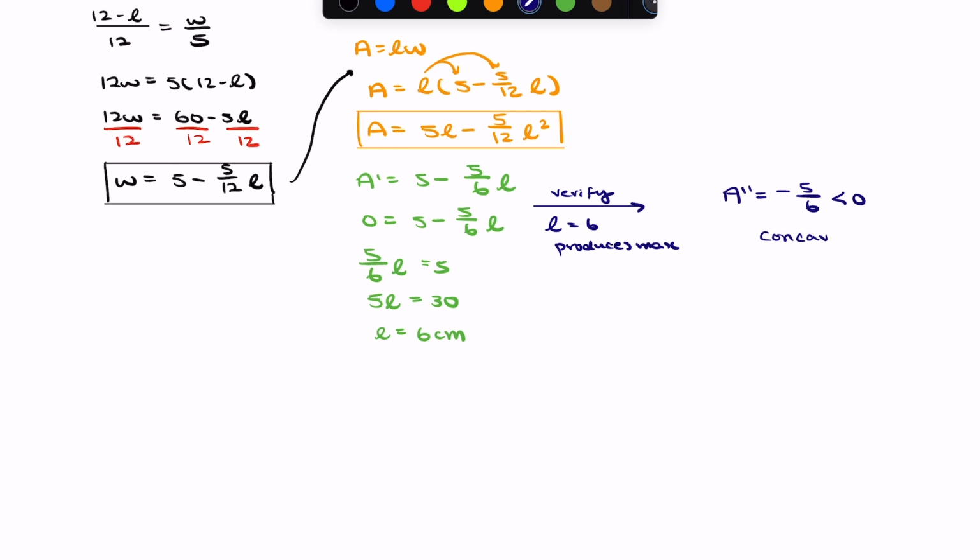And so that's concave down, which means that it produces a max. So here, if we sub that back in to find the area, we have area is equal to 5 times 6 minus 5 over 12 times 6 squared. We get an area of 15 centimeters squared, which will be our max area here.